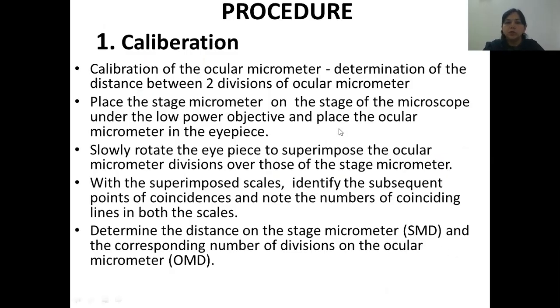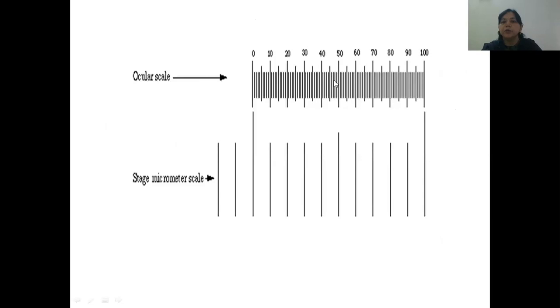Once you set the stage micrometer and can clearly see the scale, you have to rotate the eyepiece, because the ocular is placed in the eyepiece. Rotate it slowly, and the scale of the ocular will get superimposed on the stage divisions. I'll show you another slide. When you put the ocular micrometer into the eyepiece and the stage micrometer on the stage, and observe through the eyepiece, this is how you will see: the ocular scale and the stage micrometer.